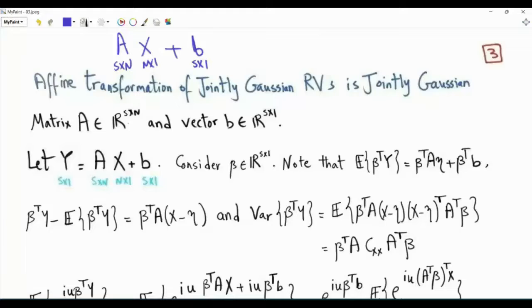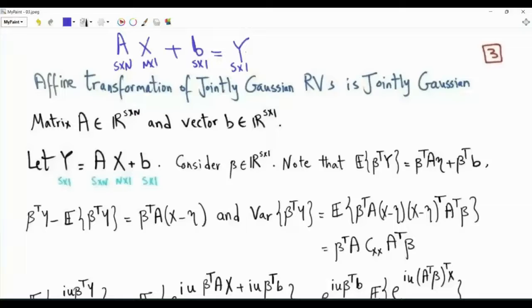By doing this, we are making a change and we obtain a new random vector y with s random variables. If x is a Gaussian vector, y is a Gaussian vector. If the components of x are jointly Gaussian, the components of y are jointly Gaussian.